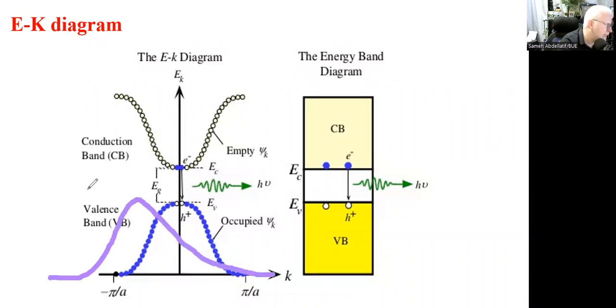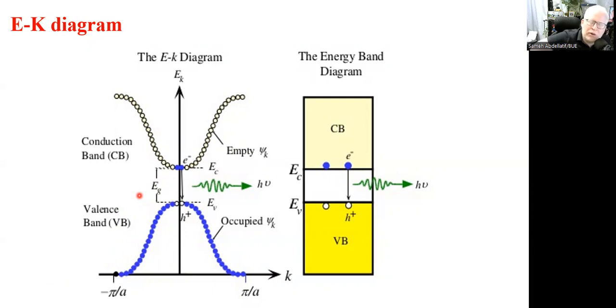So as you can see here, the top of the valency band is not aligned vertically with the bottom of the conduction band. So in this case, we call this material an indirect band gap semiconductor, like the case of silicon. Silicon is an indirect band gap semiconductor material, while, for example, gallium arsenide is one of the most famous direct band gap semiconductor materials.